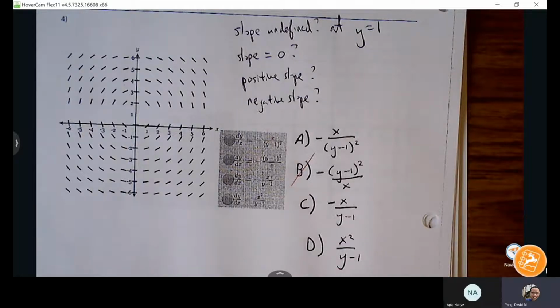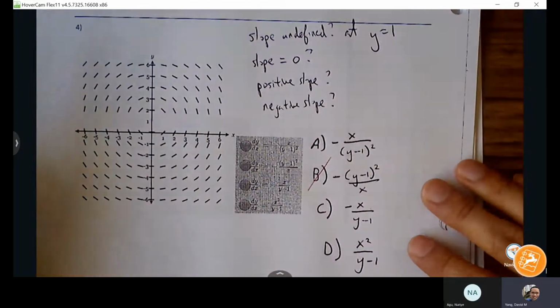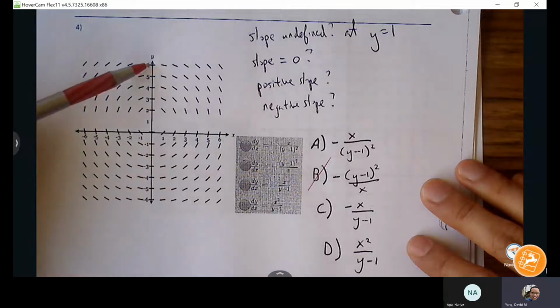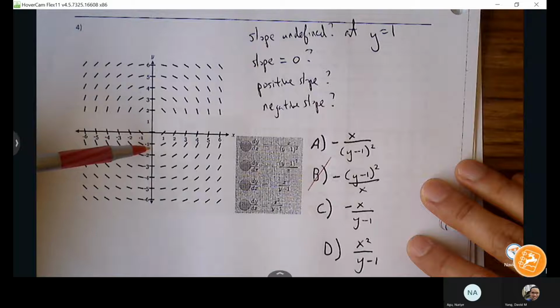Okay, do you see any slope zeros? I think I see slope zeros here. Right, those are all slope zeros.